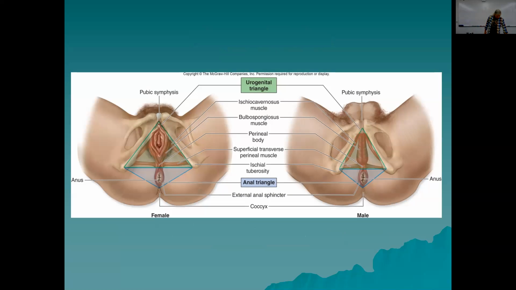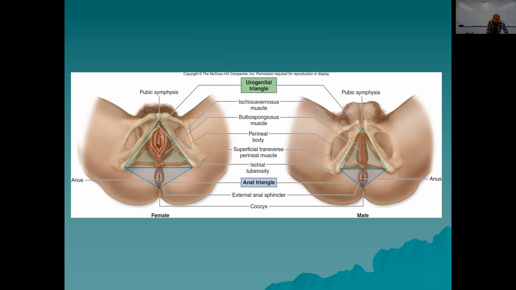There's an anal triangle from the two ischial tuberosities to the posterior tip of the anus, and then from the ischial tuberosities up to the pubic symphysis. It's called the urogenital triangle, and you can see a lot of these structures are homologous.